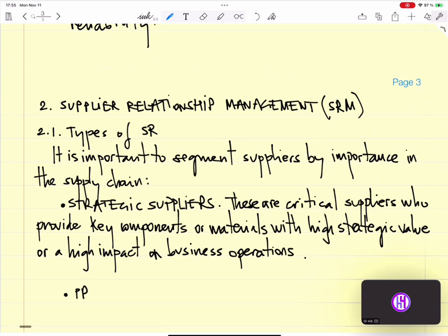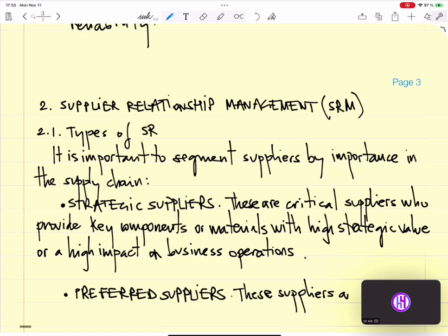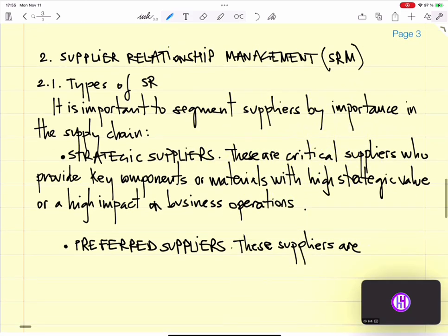So then we have preferred suppliers. These suppliers are reliable and meet most of the requirements.